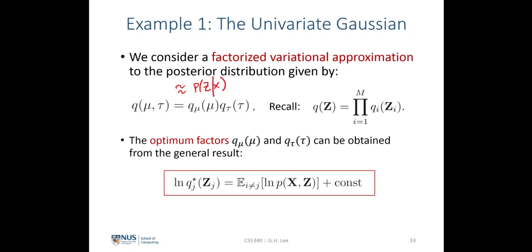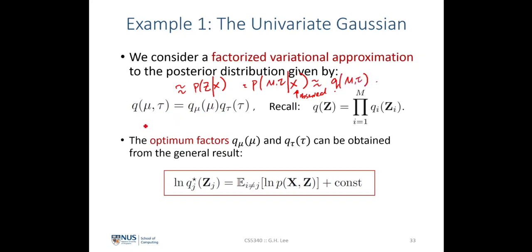And we know that now this z here is going to be our mu and tau conditioned upon all the observations, all the observed random variables that we have, and we are going to approximate this using the proposal distribution q of mu as well as tau.